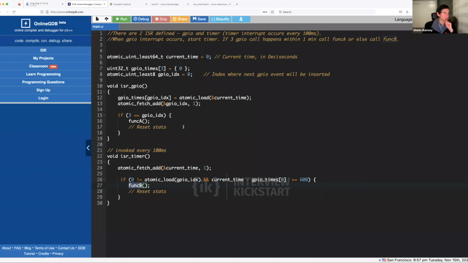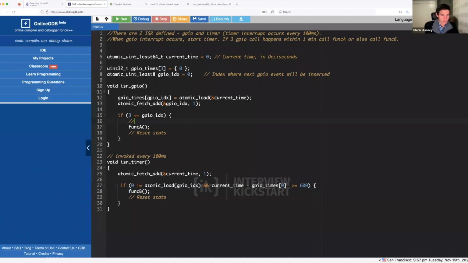The most trivial way of doing that is inside of this if check, for instance, do a compare and swap on some sort of variable that indicates whether or not func A or func B has occurred, such that if we get to the point where func A and func B are both about to be called, then we can only do it for one.